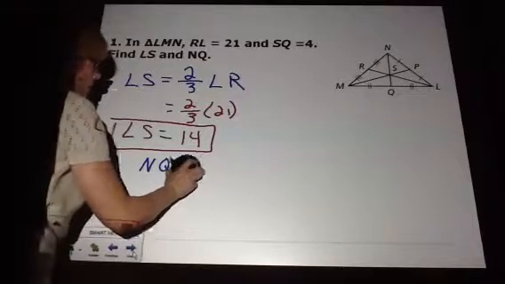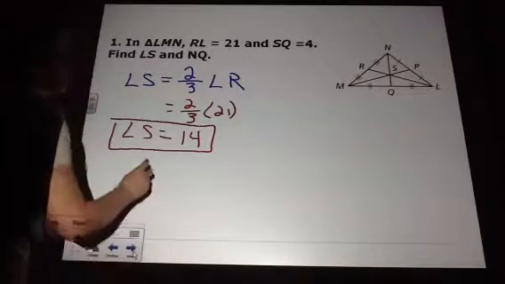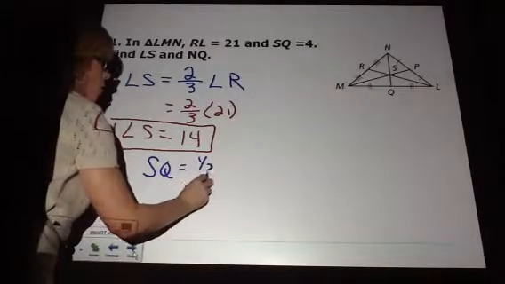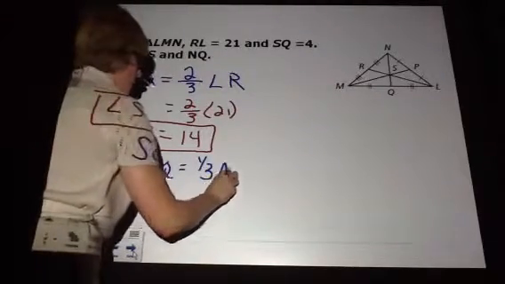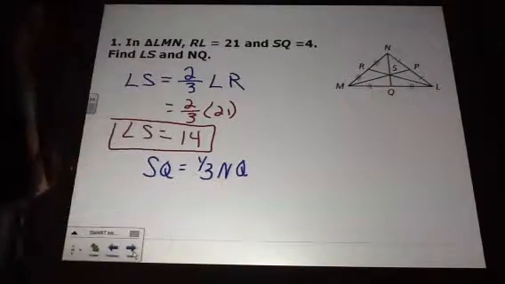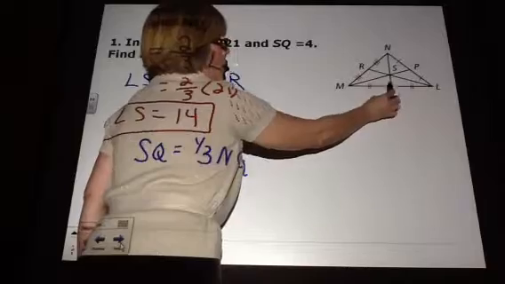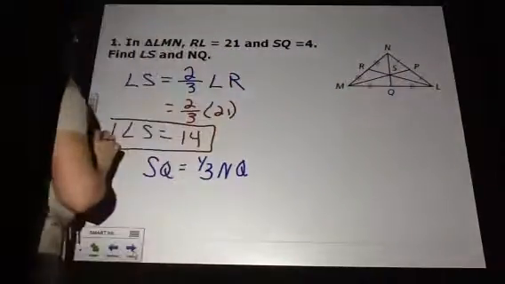So let me rewrite this. SQ is 1/3 of NQ. Okay? SQ is 1/3 of the median.